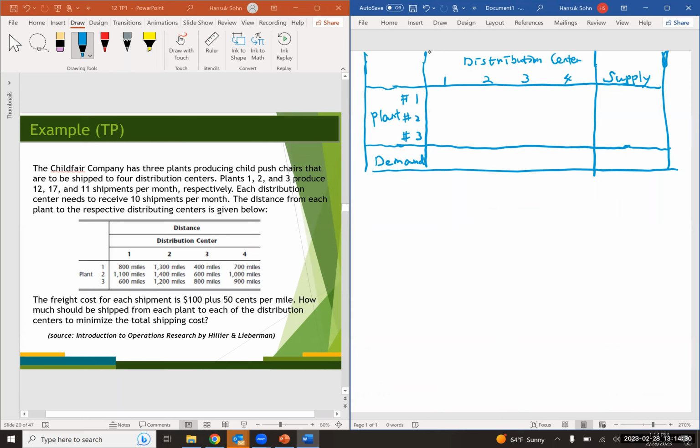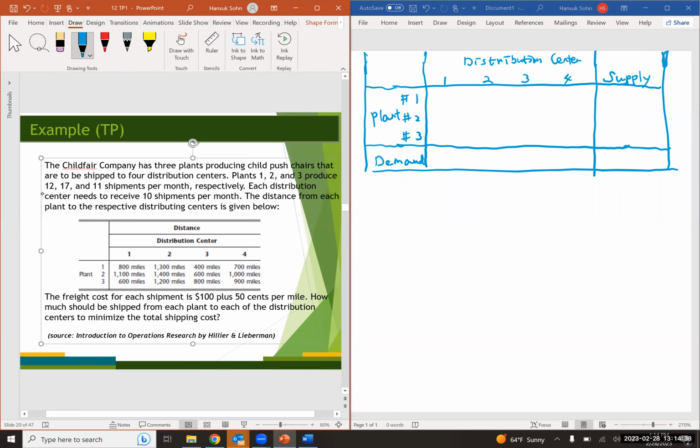In the problem description, the supply amounts are 12, 17, and 11, right? And how about the demand amount?